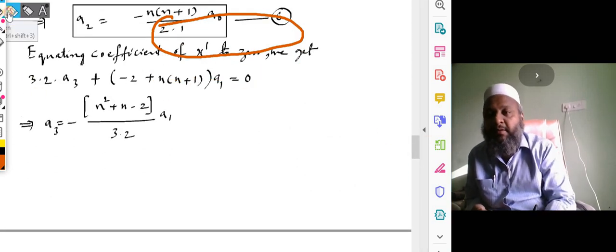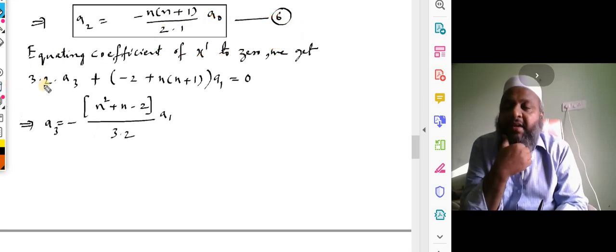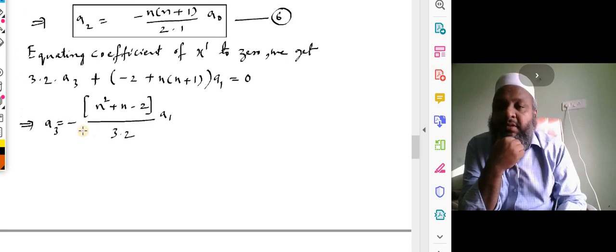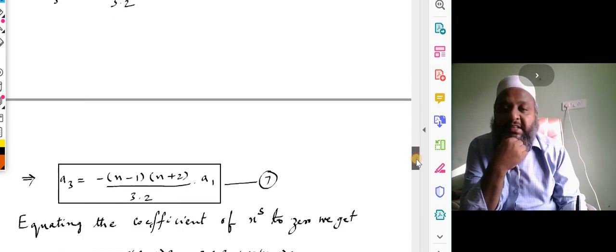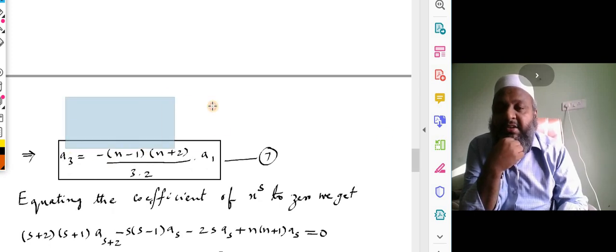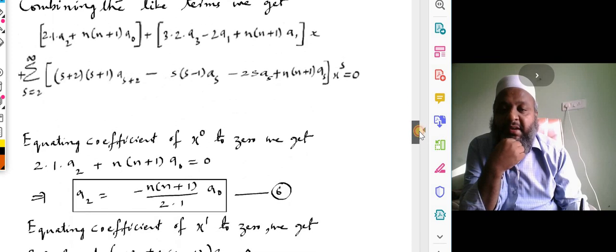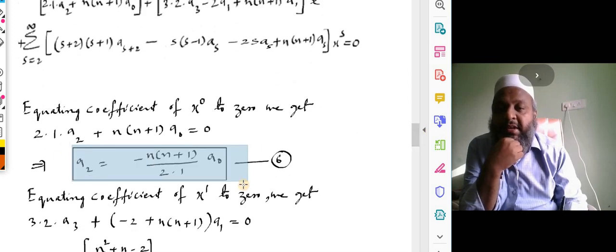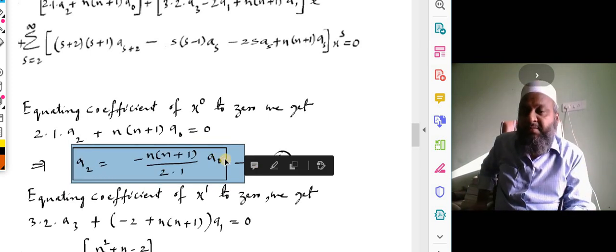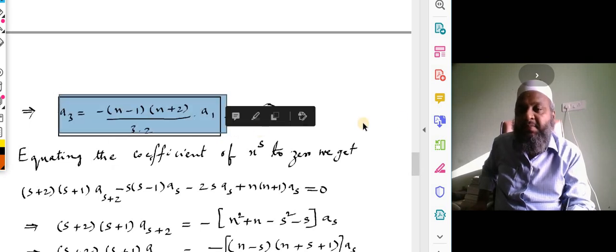So finally you are getting a3 value equal to minus of n square plus n minus 2. If you make factorization here, then a3 will be this one. So a2 is coming in terms of a0 and a3 is appearing in terms of a1.